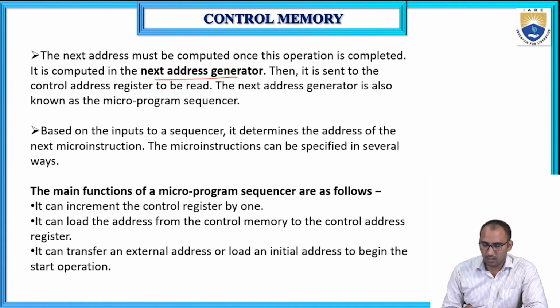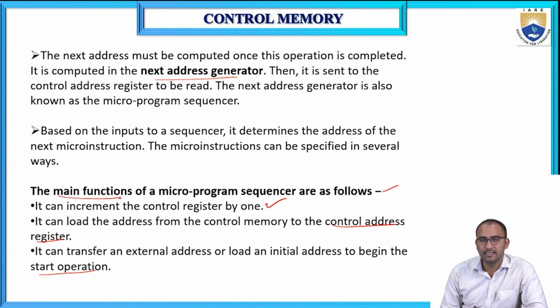The main functions of the microprogram sequencer are: it can increment the register by 1; it can load the address from the control memory into the control address register; and it can transfer an external address or load an initial address to begin the start operation.